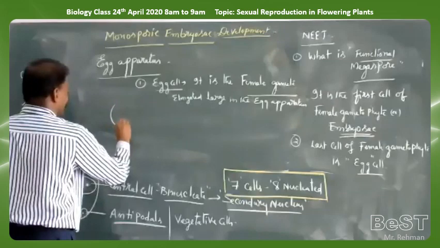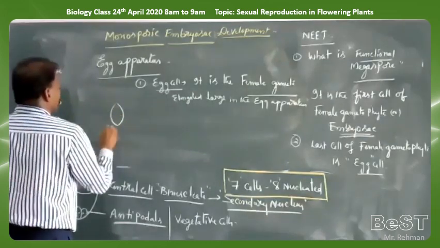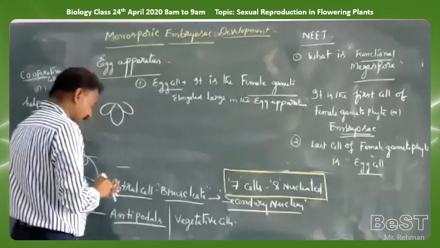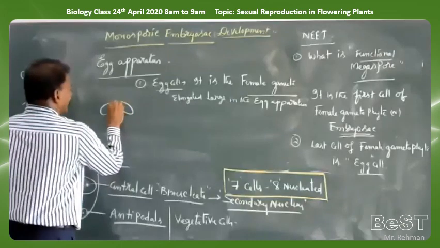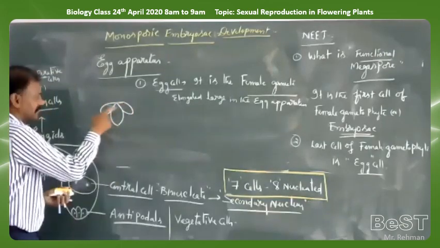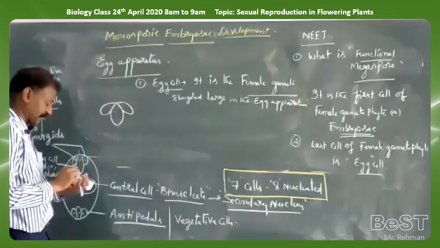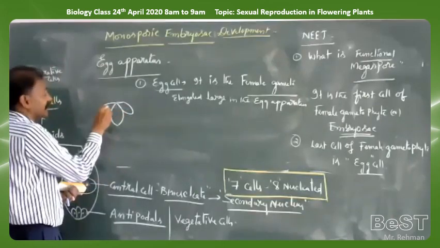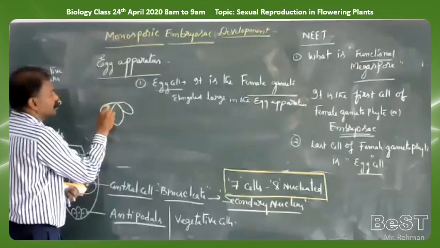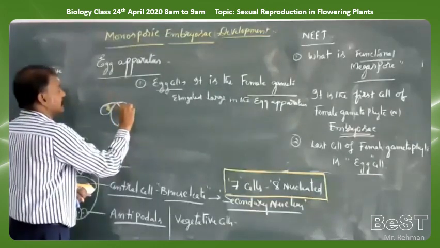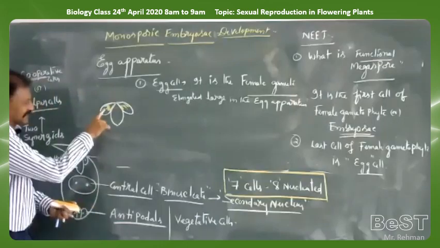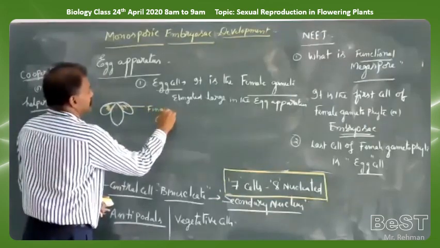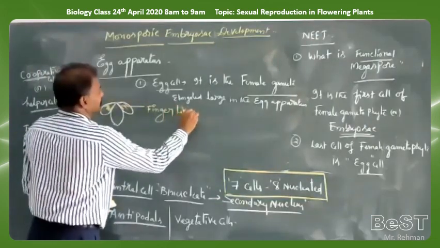Diagram. These synergids of the egg apparatus are always located towards the micropylar region. These synergids consist of finger-like structures, finger-like projections.